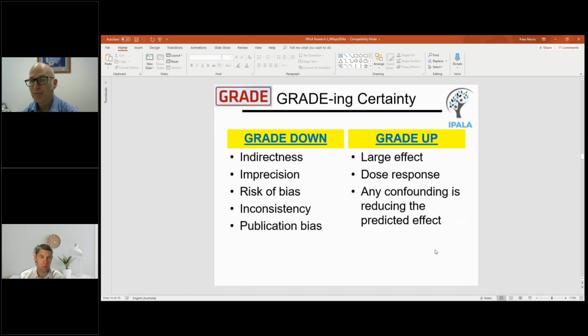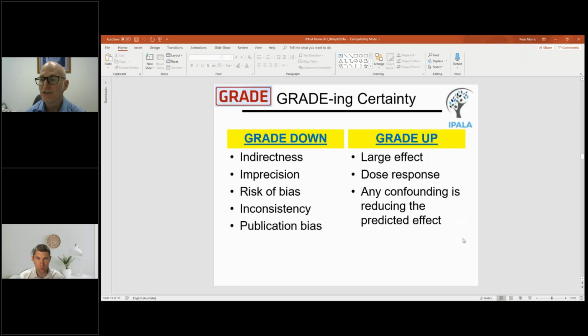You can also grade up if there's a clear dose response, so exposure to the intervention or the risk factor. The more exposure you get, a consistent effect. So the either good or bad outcome increases clearly in line with the increase of the exposure.